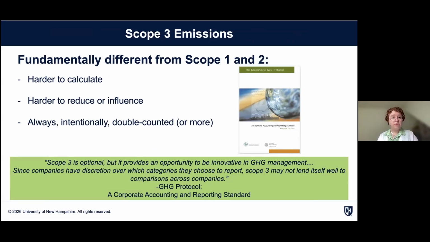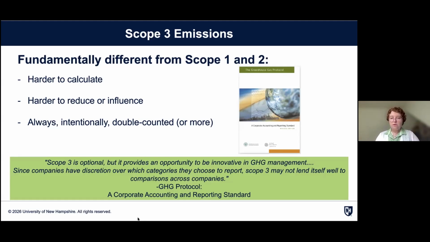But with scope three, you don't necessarily have a meter on all the employee cars that are driving to and from your institution. And because you don't have direct control, it's a lot harder to reduce or influence. If we're still using commuting as an example, you can't really demand people going to your institution switch to EVs or carpool. So it's a lot harder to not only get that data, but take action based on it.